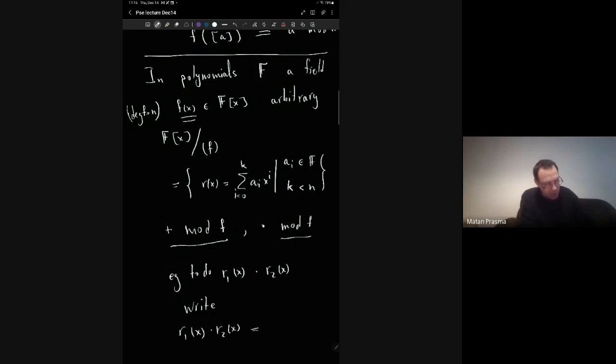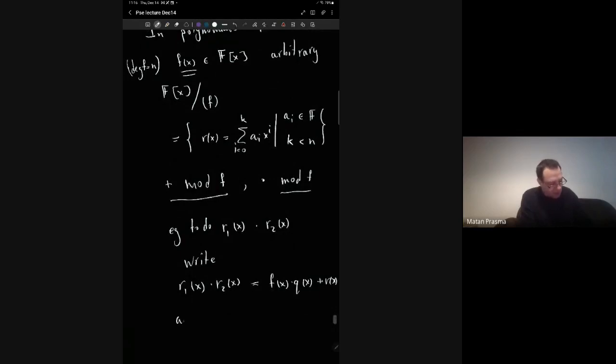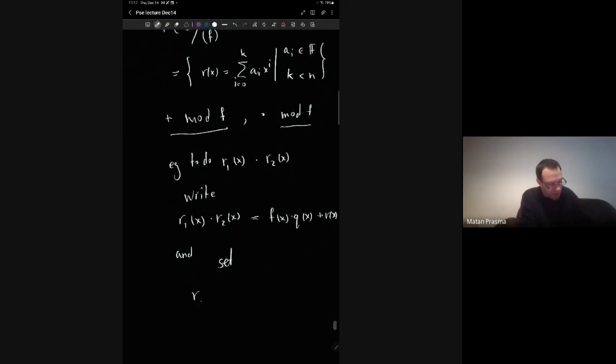And by long division, I know that I can write it as f(x) times some polynomial q(x) plus some remainder r(x). And then I define R1 times R2 modulo f, I simply define it to be this r.